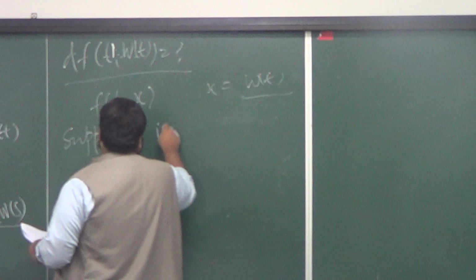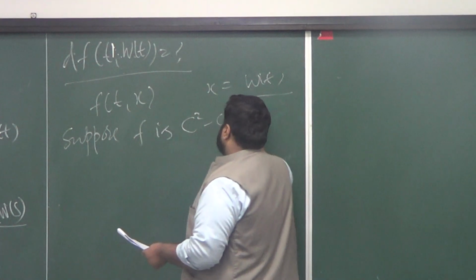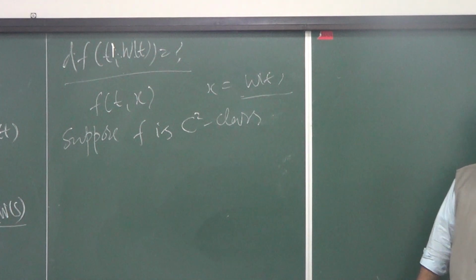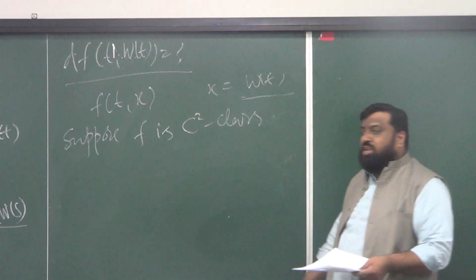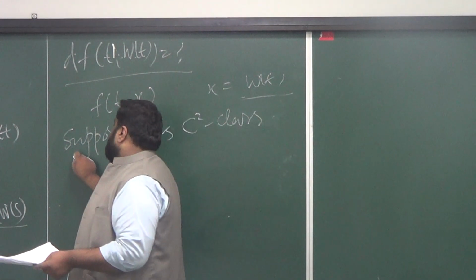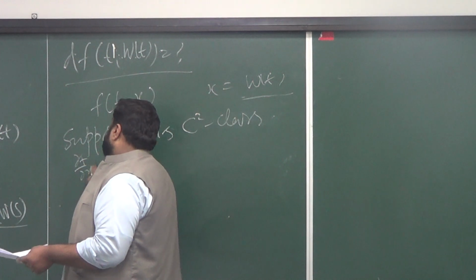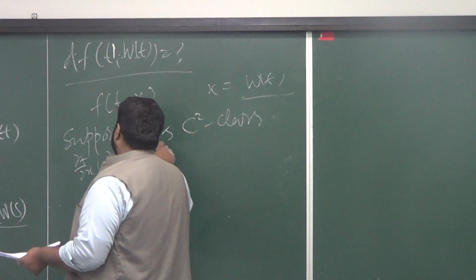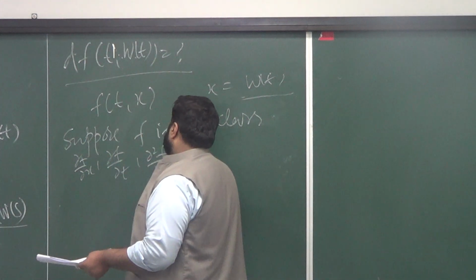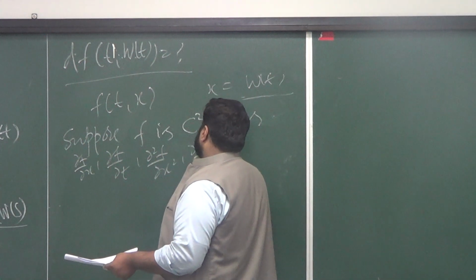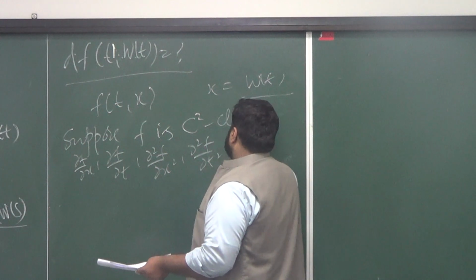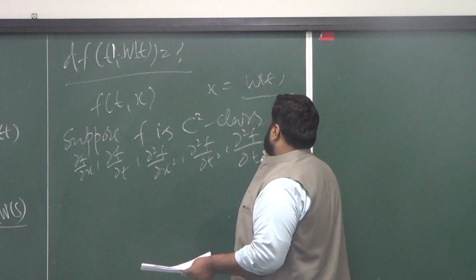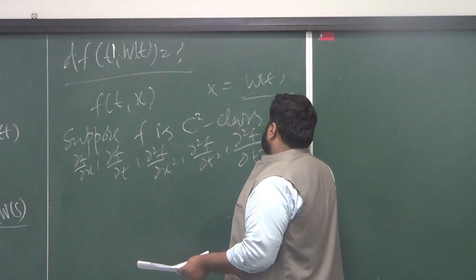that f is still of class C2. But what would be the meaning of C2 class now? Now the meaning of C2 class is that its first order derivatives with respect to time and x, and all its second order derivatives with respect to time and x, are continuous.